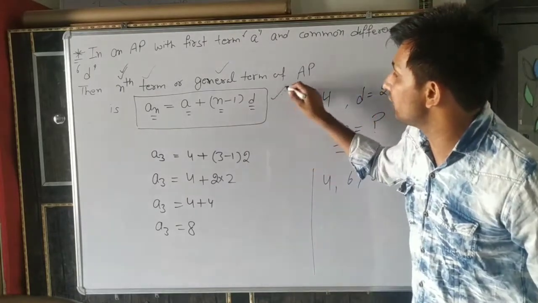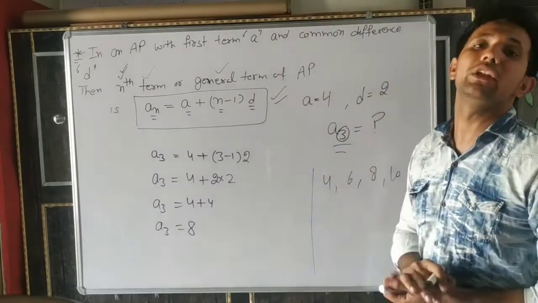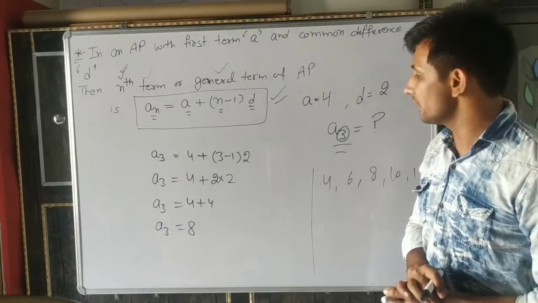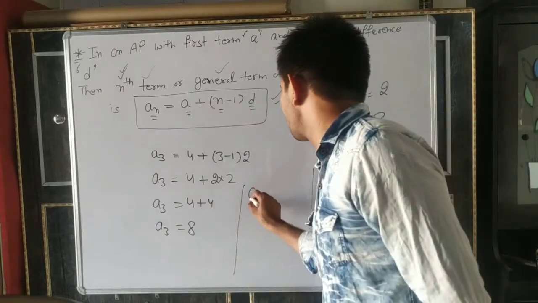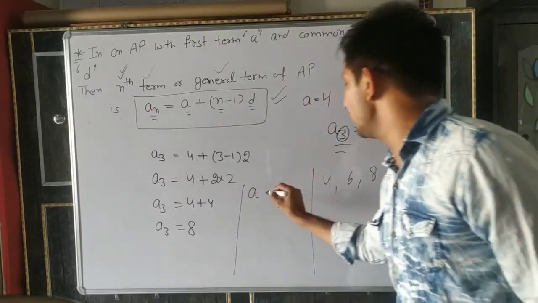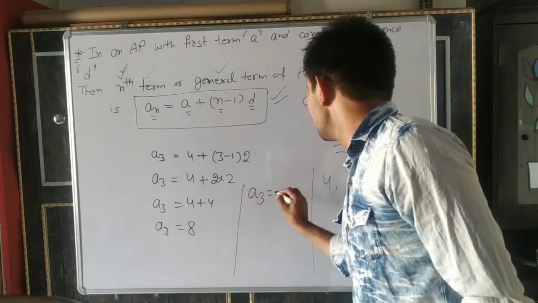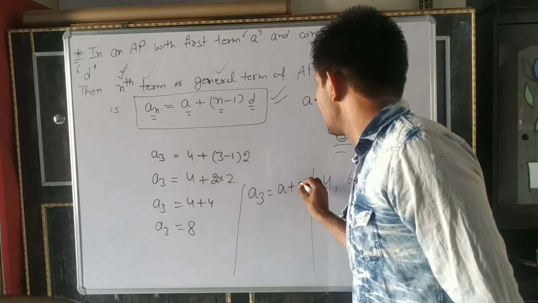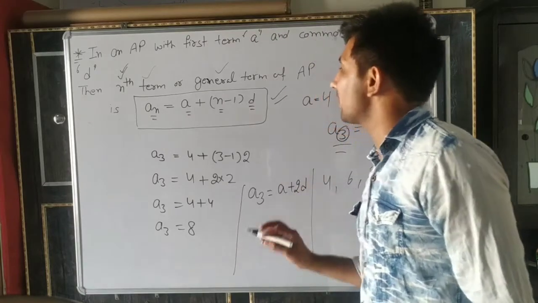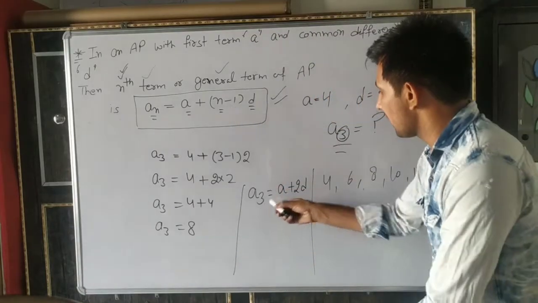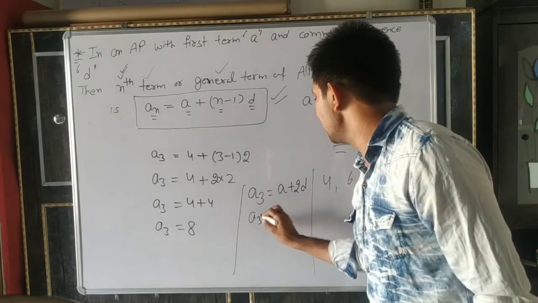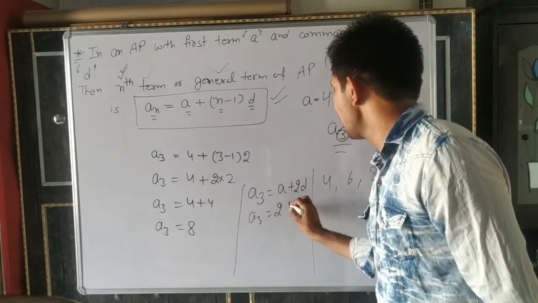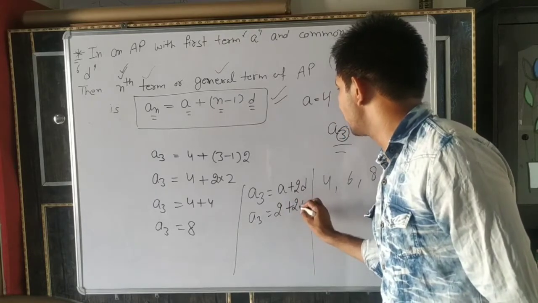If you know this formula, you can solve every question. Understand dear? You can find it by this one also, because we want to find A3. A3 means A plus 2D, the same formula. Look at A3: A is 4 plus 2 into D, 2.